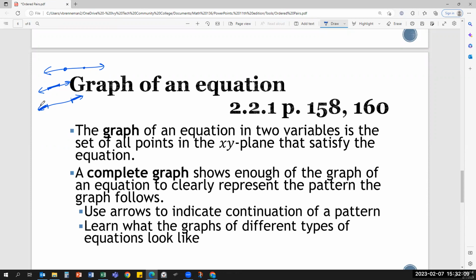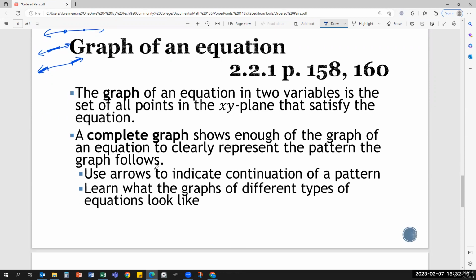Now we're going to have a graph that isn't just a piece of a number line. It gets much more complicated when we add this second dimension. A complete graph just shows enough of the graph to clearly represent the pattern that's happening. So if you start plotting points, then you have these separate points, but it's kind of like those pieces of the number line, the intervals.